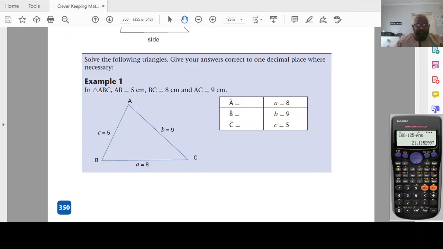This is example 1 on page 350. The question says, solve the following triangles. Give your answer correct to 2 decimal places where necessary. We're told in triangle ABC, AB is 5, BC is 8, and AC is 9. Normally what I do is calculate the biggest angle.